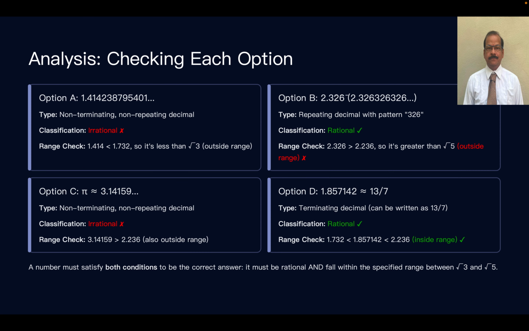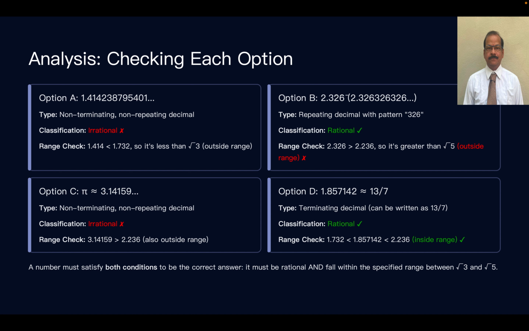As already discussed, option A is irrational, so ruled out. Option C is also irrational, so also ruled out. Option B is rational, we permit it, but the value is 2.326, whereas root 5 is 2.236.